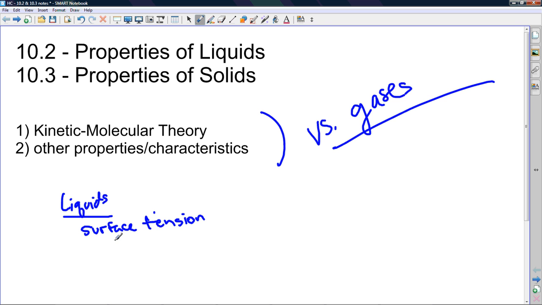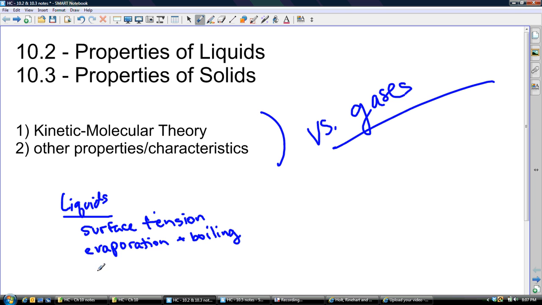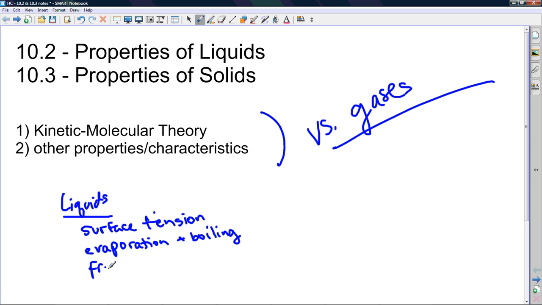They're also going to talk about evaporation and boiling, and there is a difference between evaporation and boiling. And then finally, freezing, melting. Right? So those will be a couple of the additional things that are in this section, more specific to liquids.